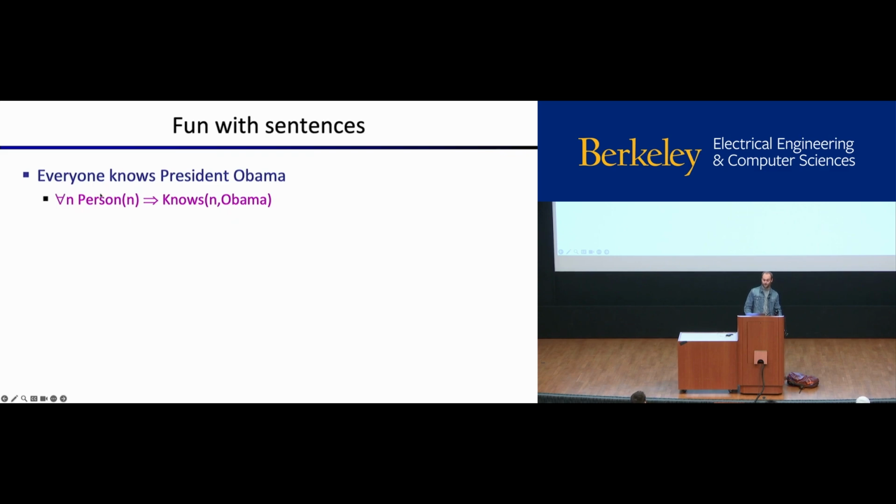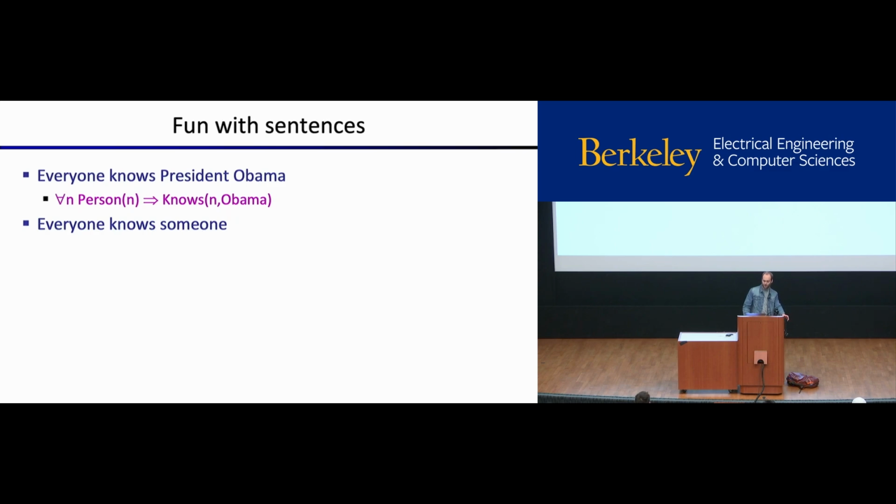It had better because only things that are true or false can be on either side of an implies. So this is saying if n is a person, then n knows Obama. Same question for knows. Is knows a function, 1, or a relation, 2? 2. Yeah, I see some 2s.